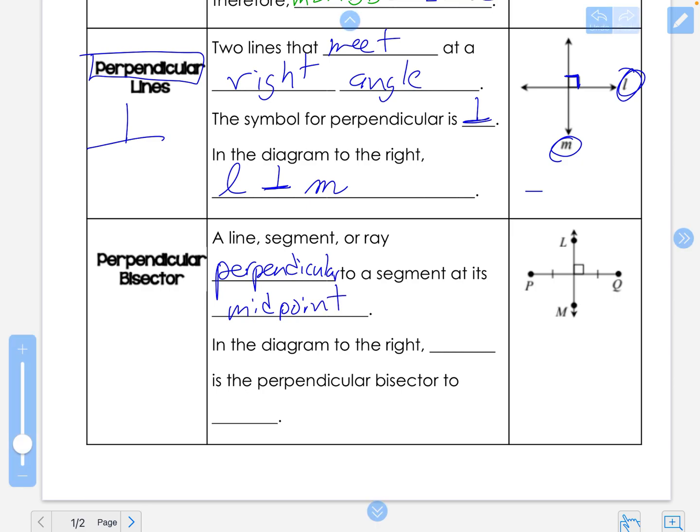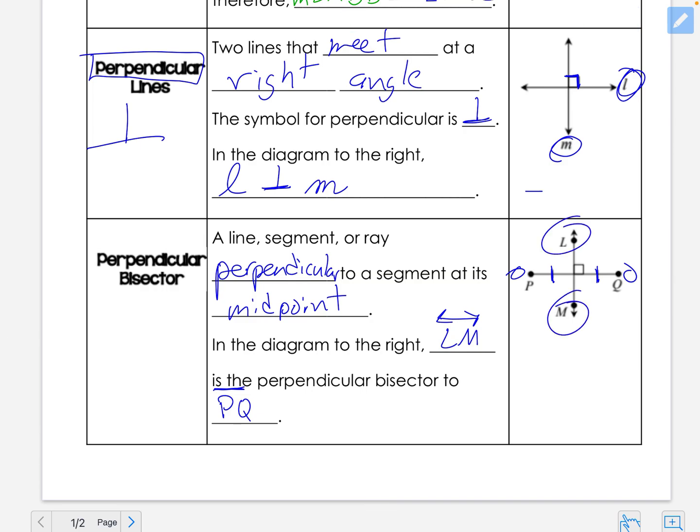If it cuts a line segment in half, wherever that line cuts through is the midpoint, which makes those two halves congruent to each other. In the diagram to the right, line LM is the perpendicular bisector of line segment PQ. PQ does not have arrows on the end, but LM does, so we have to make sure we are labeling and naming those two things correctly.